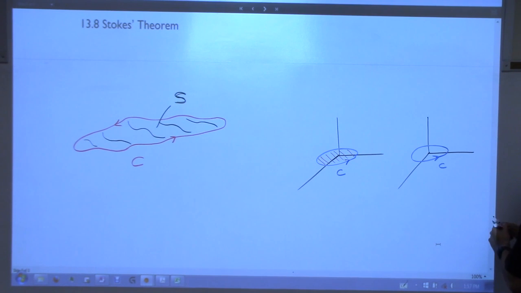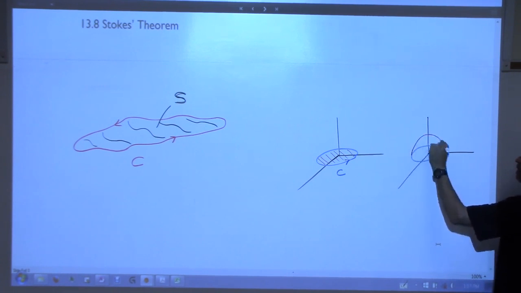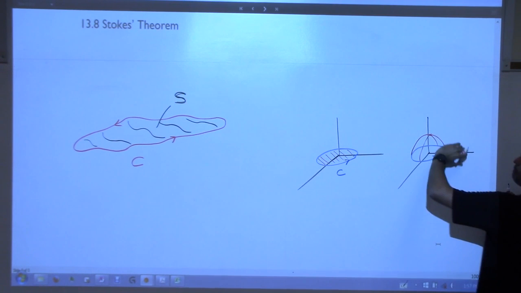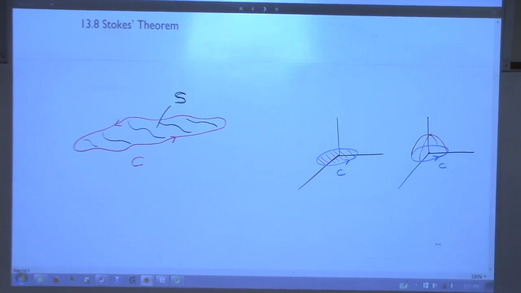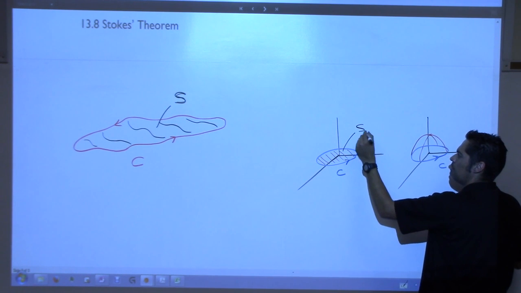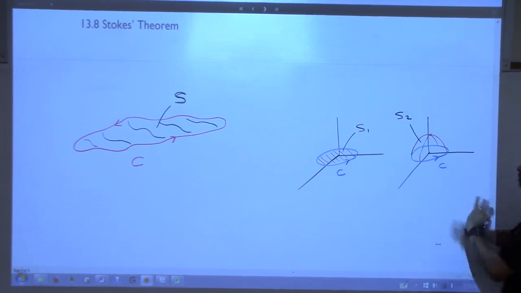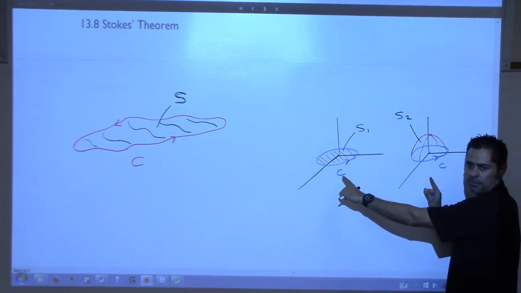But this time look at the upper hemisphere of a ball. Okay, so like you've got this ball up here, right? Do you see that? And if I look at that ball right there, that shell, then C is still the boundary, isn't it? So this surface in between here, I'll call this one S1, and this surface here, S2, are totally different surfaces, right? But they have the same boundary curve.